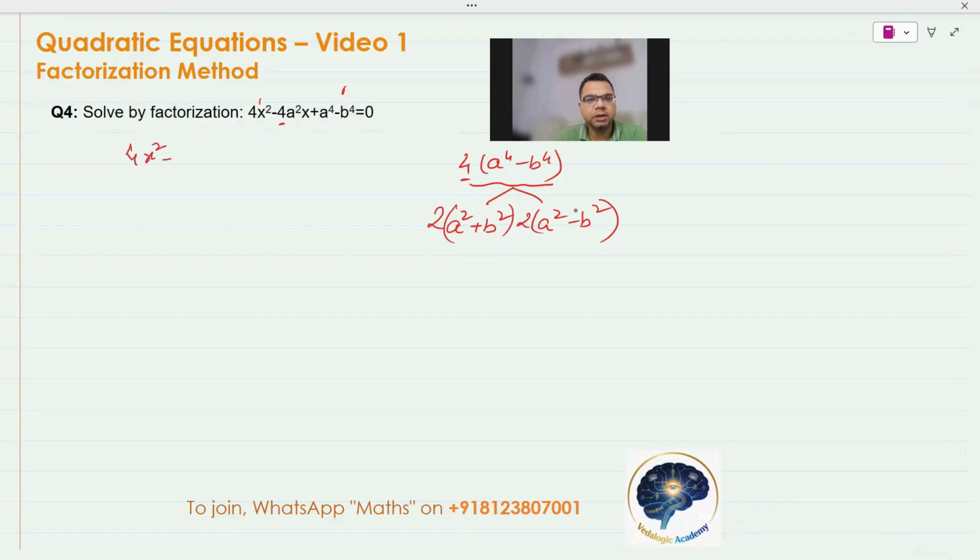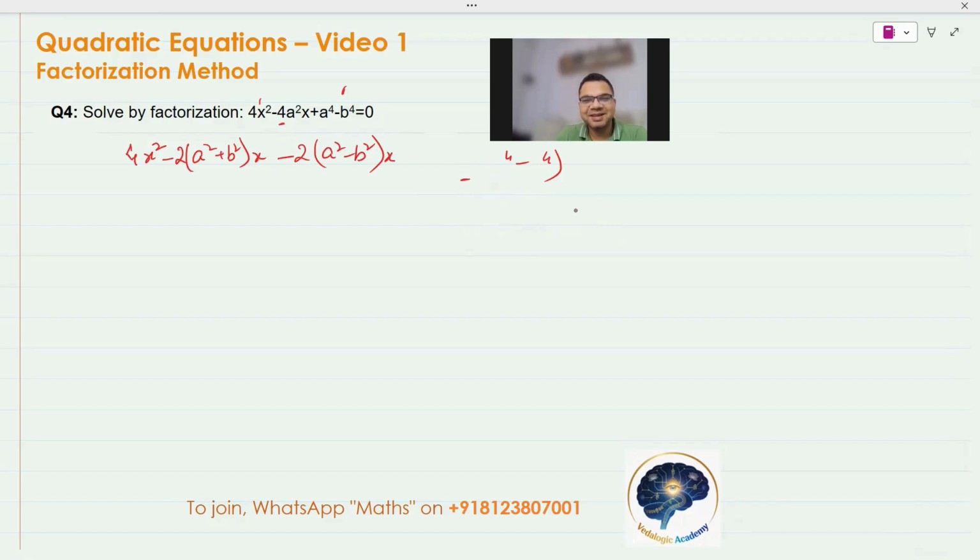4x square minus 2 into a square plus b square into x minus 2 into a square minus b square into x. I'll remove this, sorry, because of the space. But I hope you have understood this part. Plus a to power 4 minus b to power 4 equals 0.